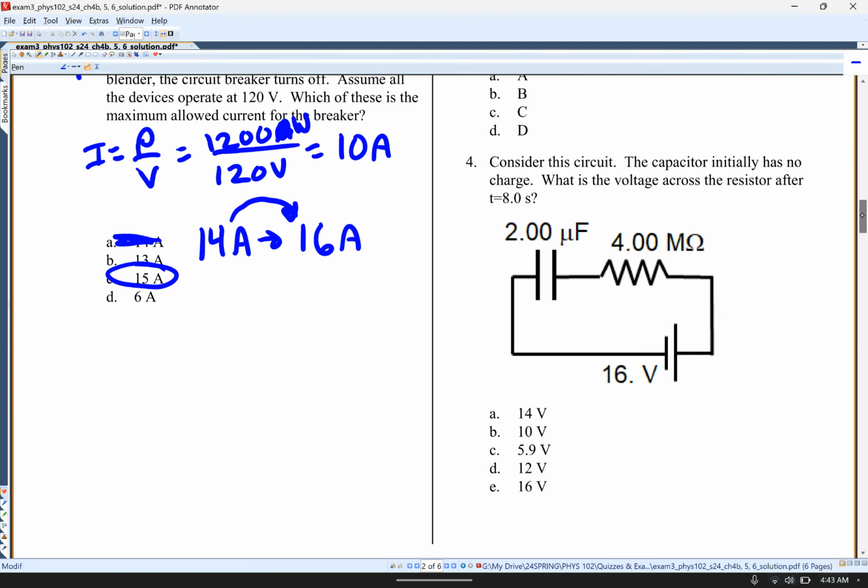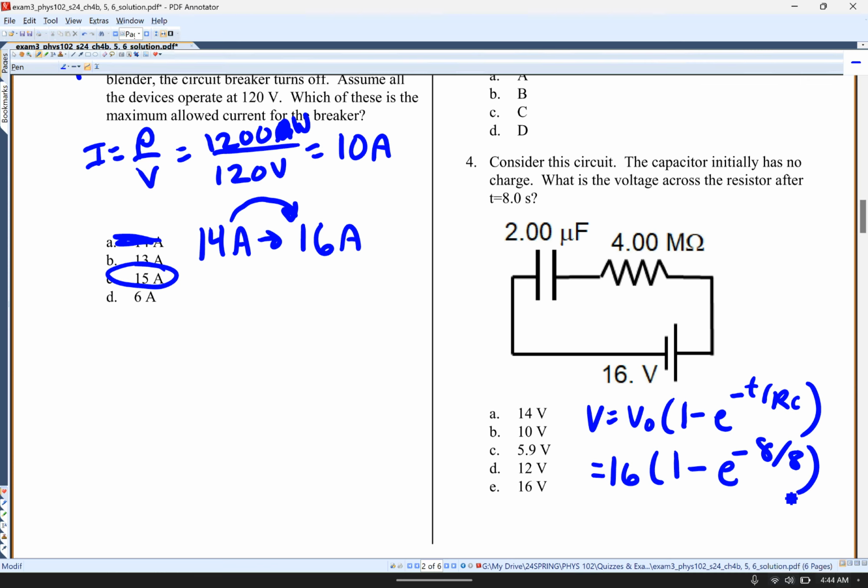What is the voltage of this resistor after 8 seconds? Okay, well this is the same. So I have V is equal to V naught times 1 minus e to the minus t over RC. But I'm not solving for t like I did before. I'm solving for the voltage at a certain time. So that's going to be equal to 16 times 1 minus e to the minus, what's my time? 8 divided by my RC, which is also 8.